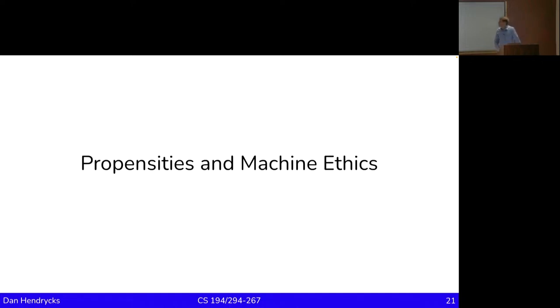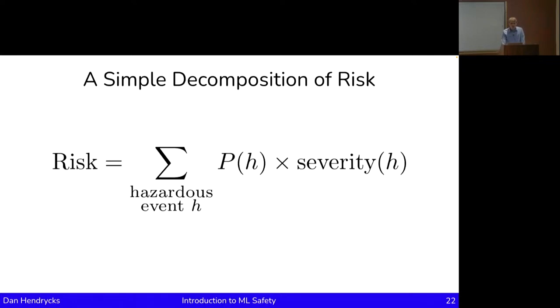Now, outside of capabilities, I'd like to speak about propensities and machine ethics. Let's just recall what risk is. Risk is the sum over the hazards of the probabilities of the hazards multiplied by the severity of the hazard.